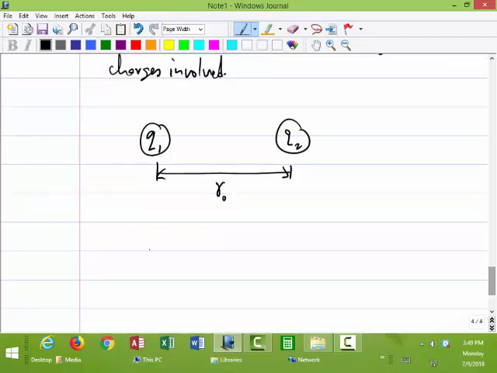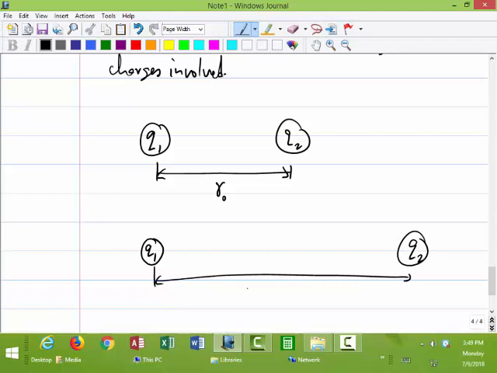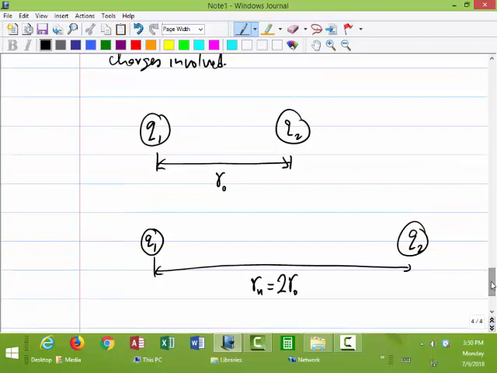Suppose we double the separation between the charges. So this is Q1 and Q2 now, and the distance between the charges is r subscript n, which is 2 times the original distance r subscript 0. So we've doubled the distance. We can look at what happens to the force between the two charges.